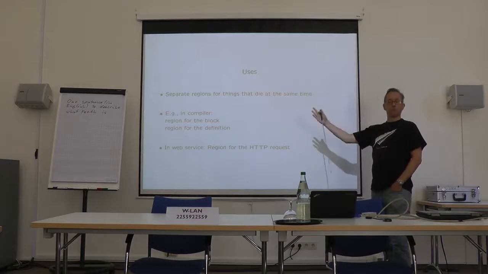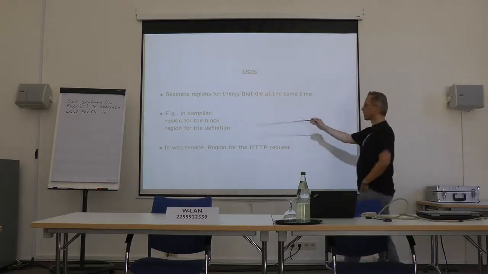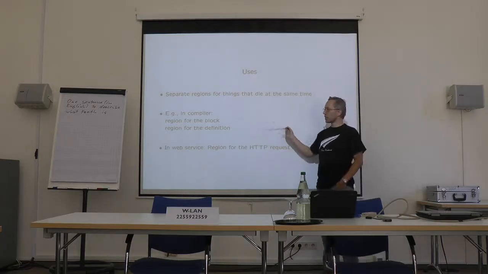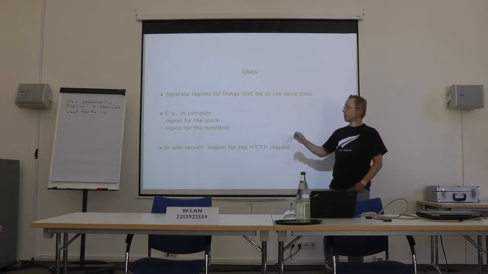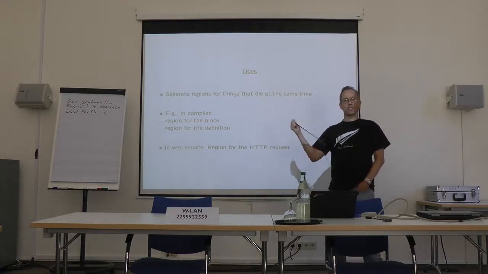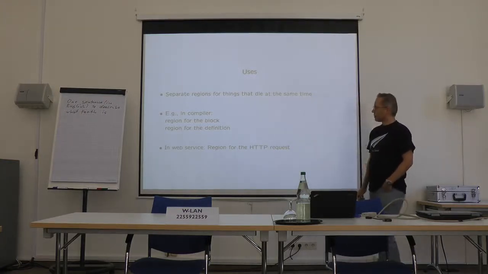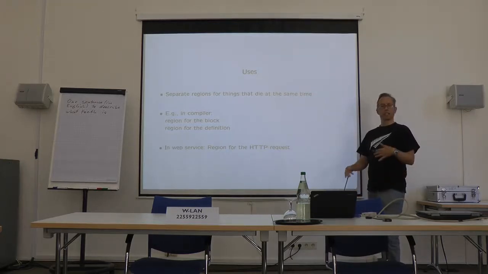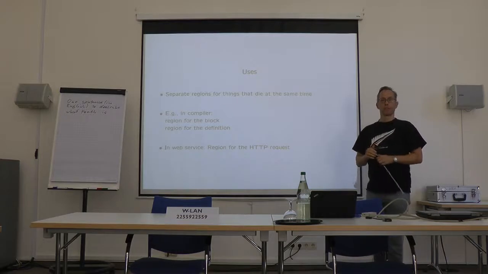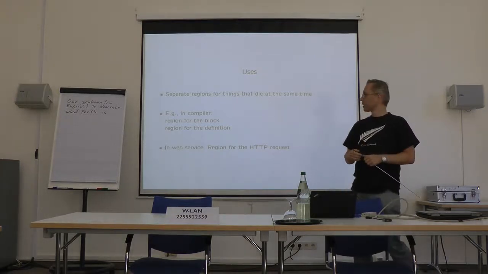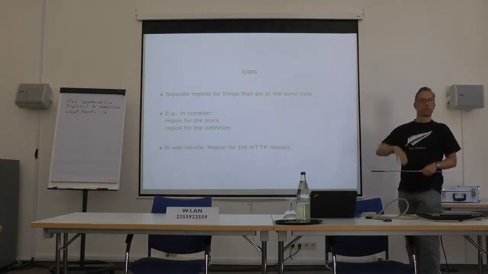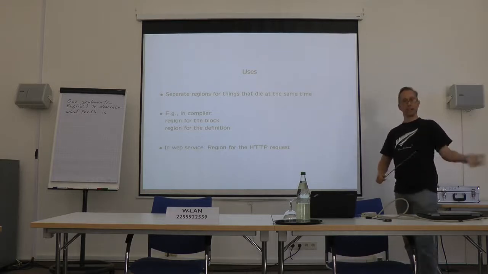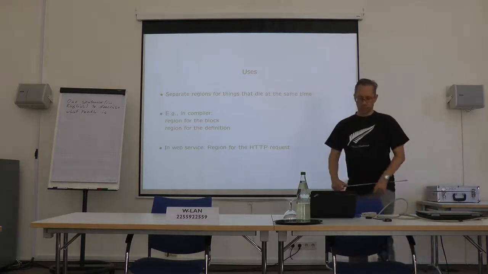When we're done with the basic block, we free the block region and create another one. When we are finished with the definition, we free the definition region, and so on. In a web service, we could have a region for the HTTP request. When we have finished working on the HTTP request, we free all the memory at once and are ready for the next HTTP request.